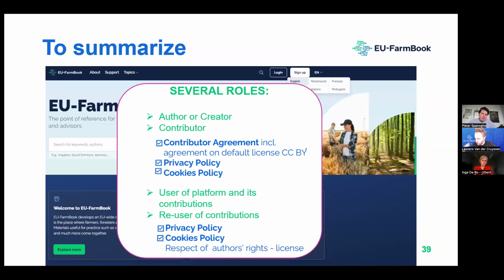And if you say, this is nice information, I will download it on my computer and use it in another format, in another situation, then please respect the privacy policy, respect the cookies policy, but also respect the author's rights and licenses.